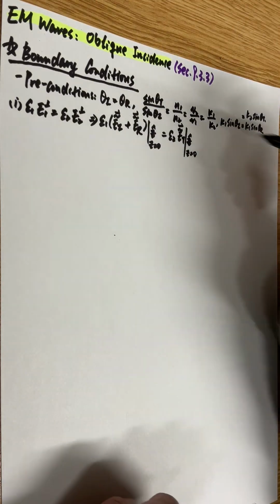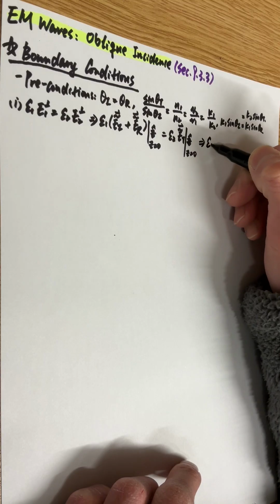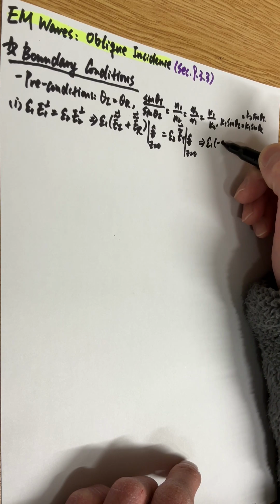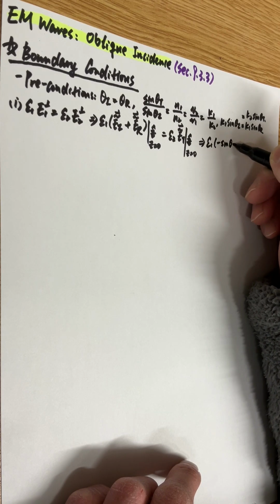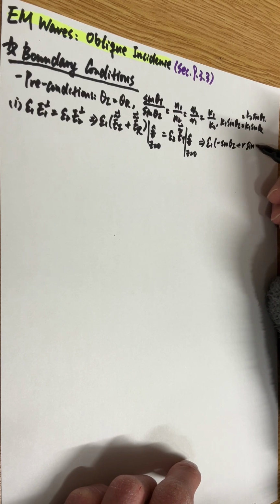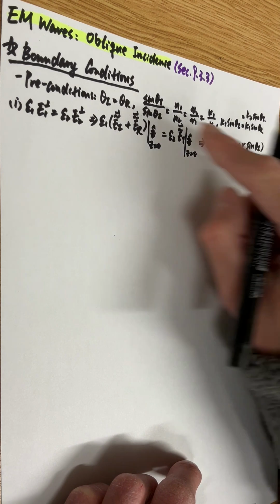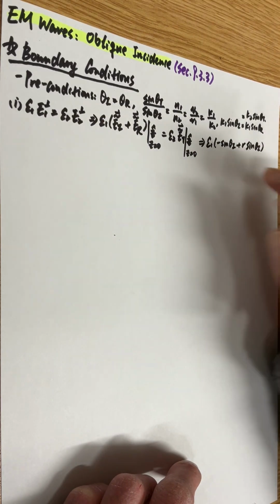So this boundary condition leads to a very simple relationship, which is epsilon 1 times (minus sine theta I plus r sine theta I). So this is actually sine theta r, but sine theta r equals sine theta I on the left-hand side.